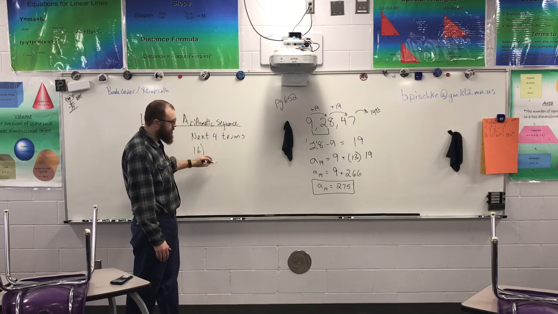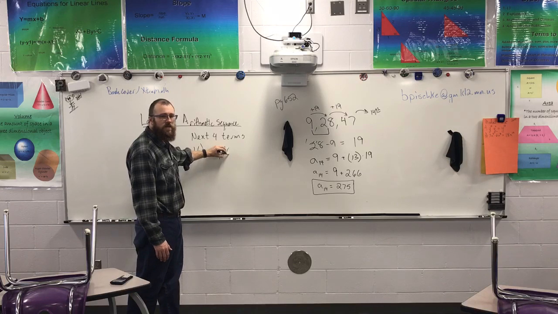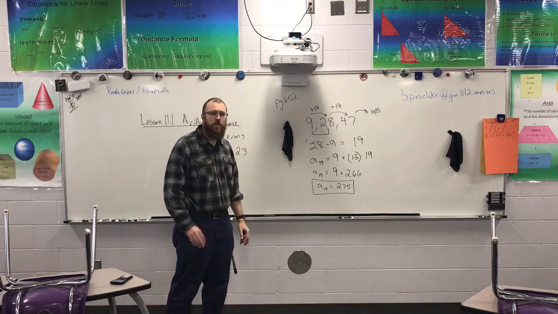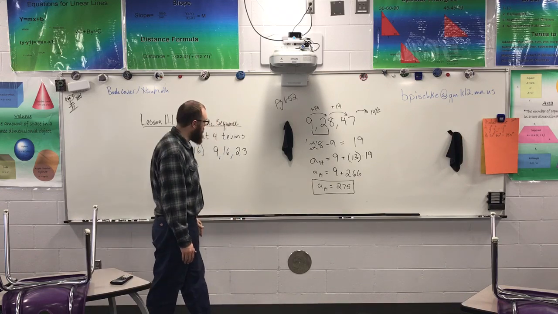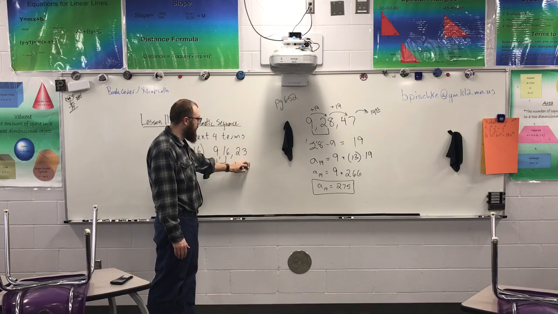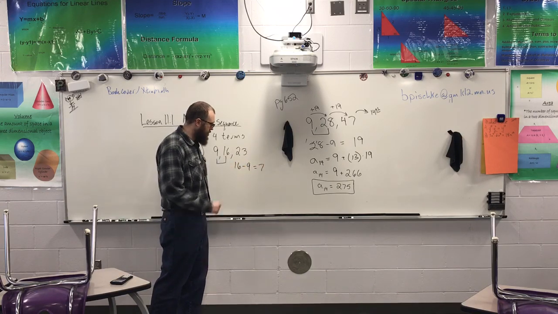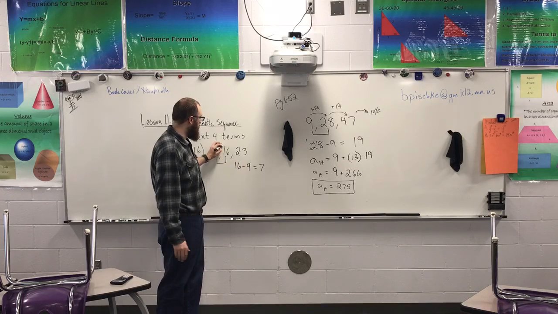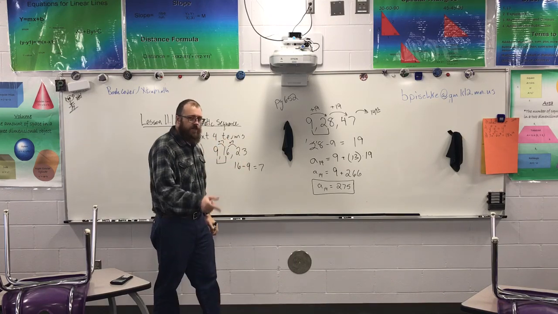Problem 16 gives us 9, 16, 23. The first thing we need to do is subtract backwards so that we have our common difference. 16 minus 9 is 7. So my common difference is 7, plus 7, plus 7, plus 7, plus 7.